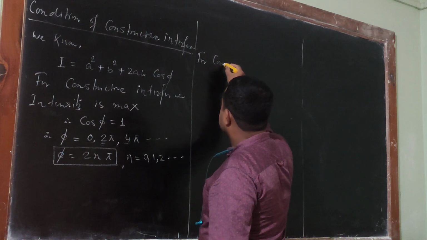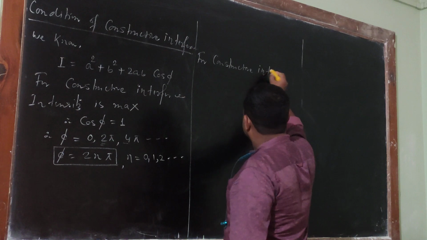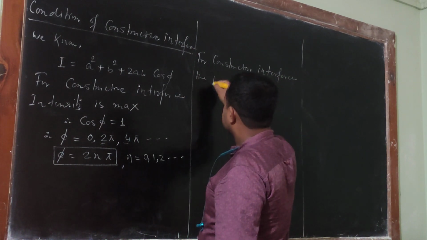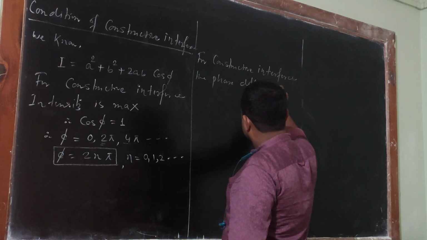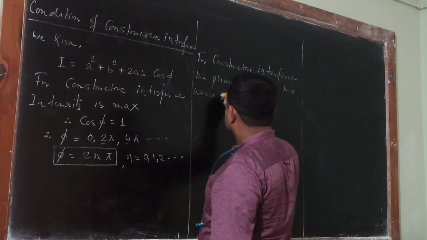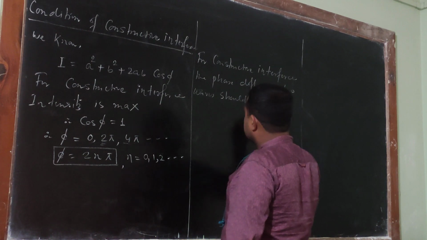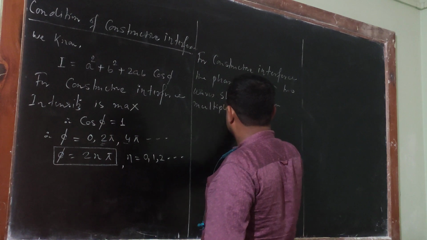For constructive interference, the phase difference between two waves should be an even multiple of pi.